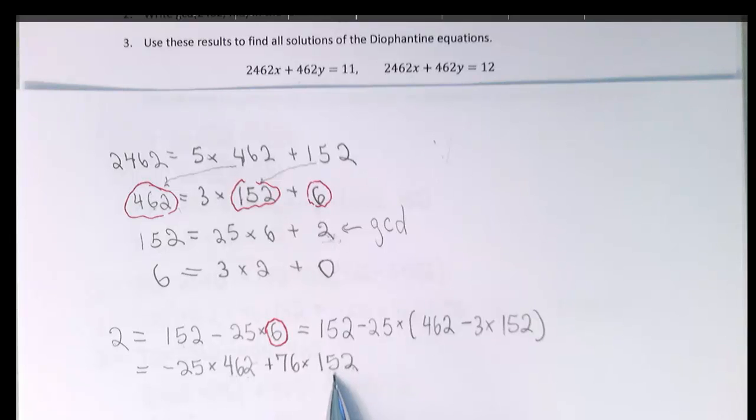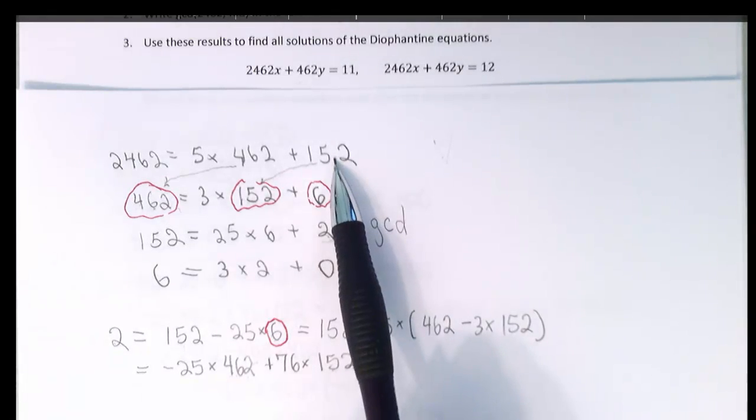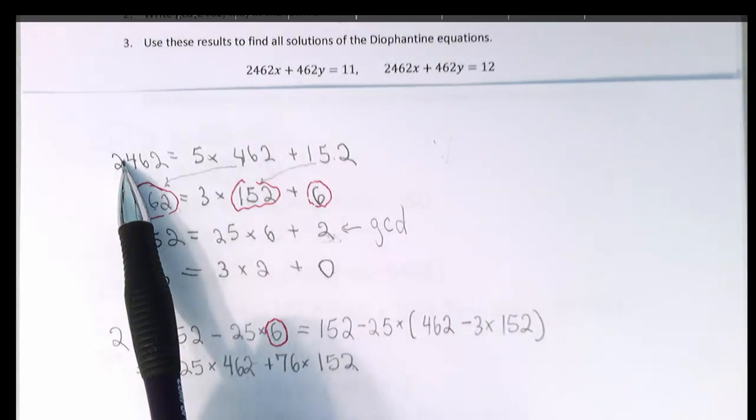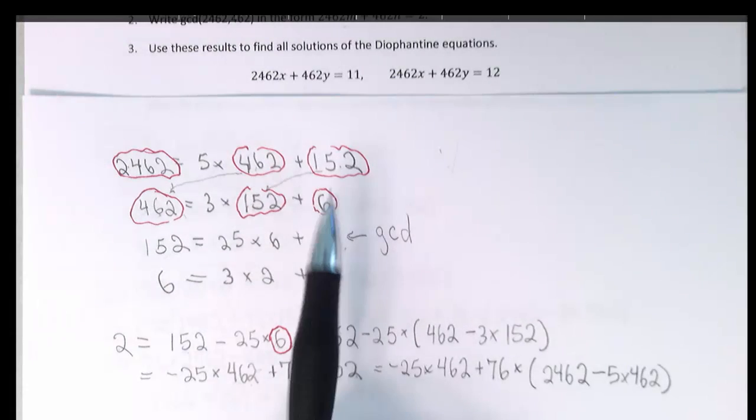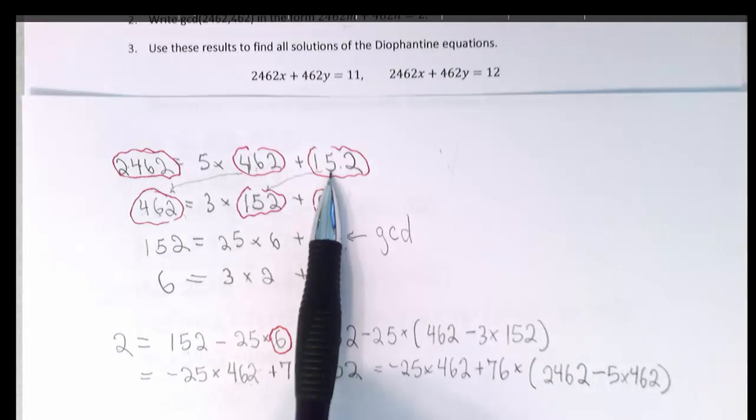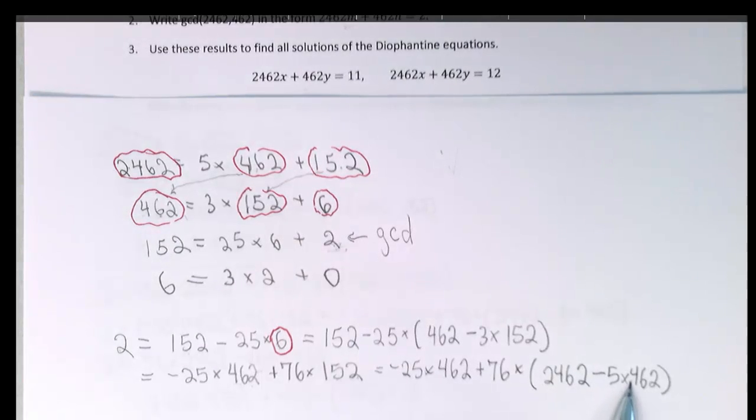Well, the smallest now is 152. Using the first line, we can redescribe 2 in terms of 2,462 and 462. We do that by solving the first line for 152 and substituting here.